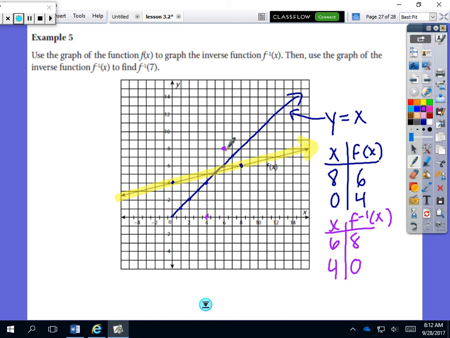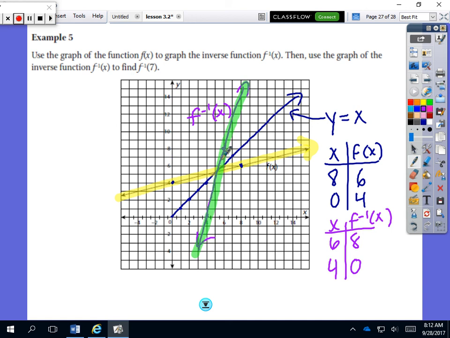So now I'm going to connect those. Kind of hard to do because I have a shadow. And make that line. So there's your line, f inverse of x. So this one is f of x, this will be f inverse of x. Now I want to use that graph to find the value of f inverse of 7.